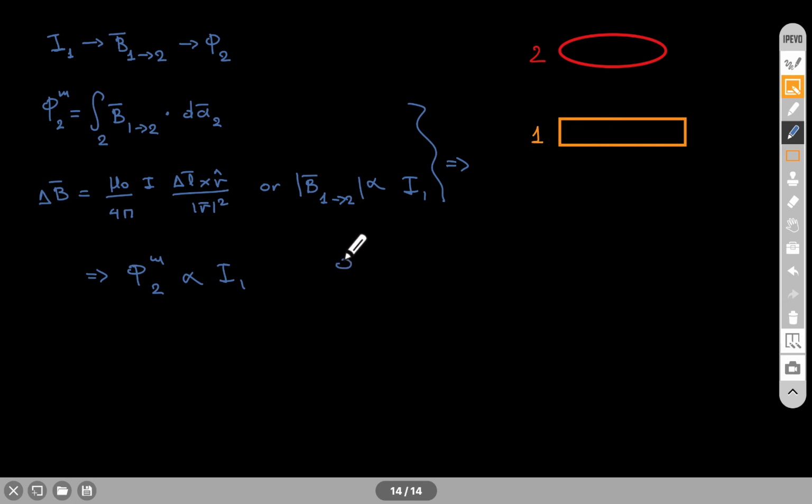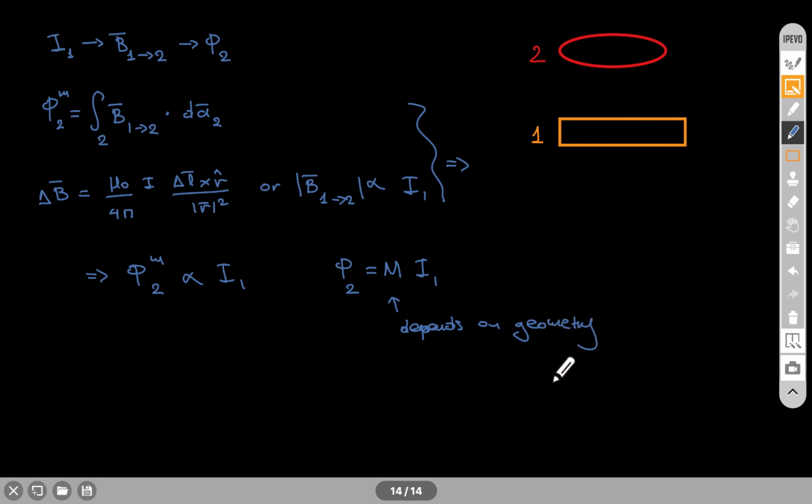Now that constant of proportionality is what we call the mutual inductance. And this is a geometric quantity. This depends on the geometry of the two loops.